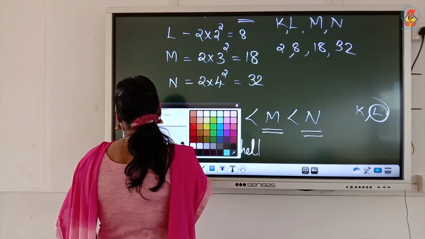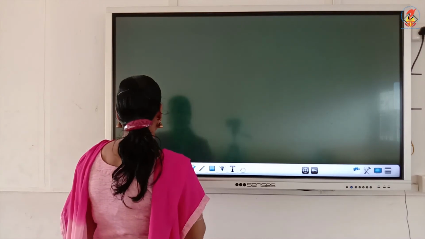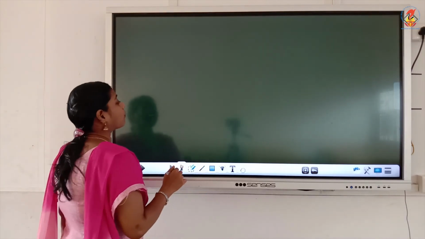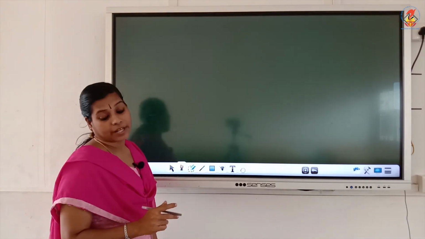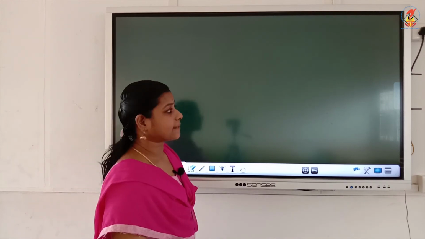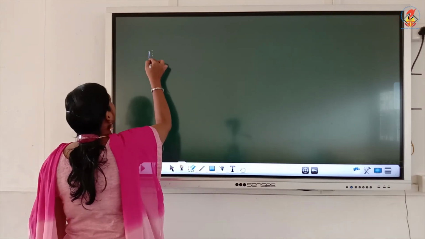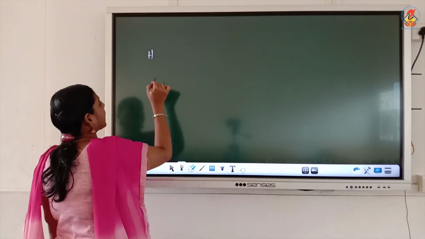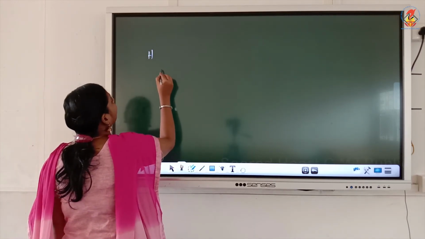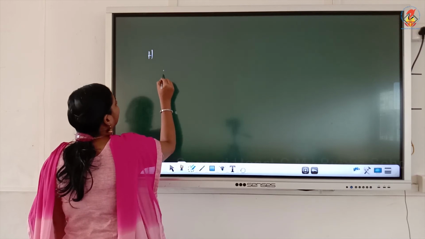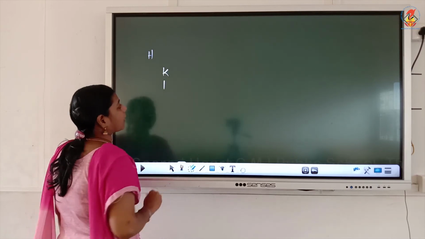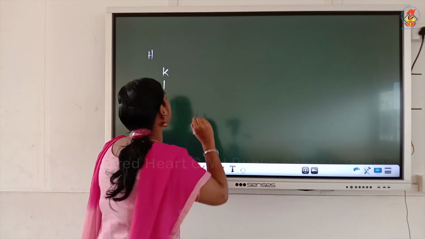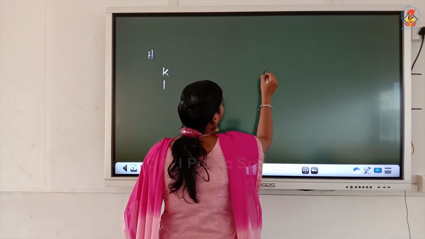We can see, one by one, the electronic configuration for different elements. First we can take the atom hydrogen. Hydrogen has only 1 electron, so that 1 electron will go to the K shell. So, the K shell will contain that 1 electron, and we can draw the model of the atom also.